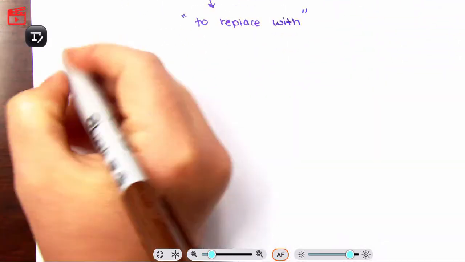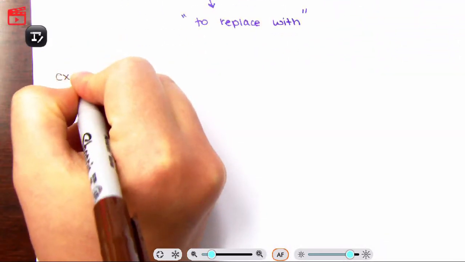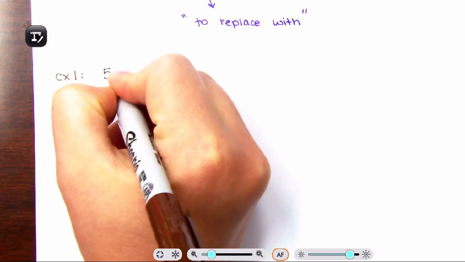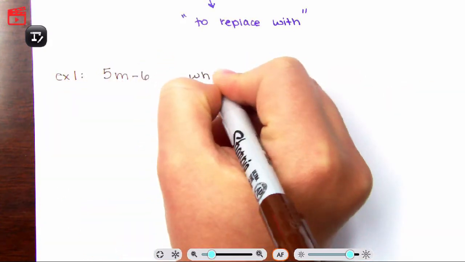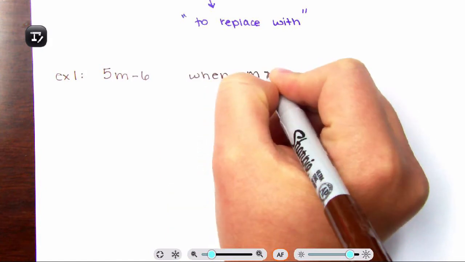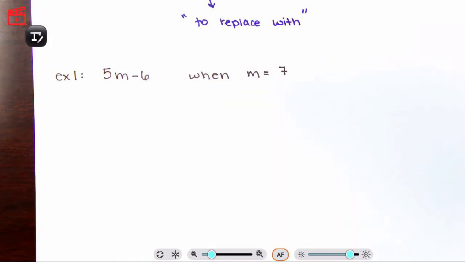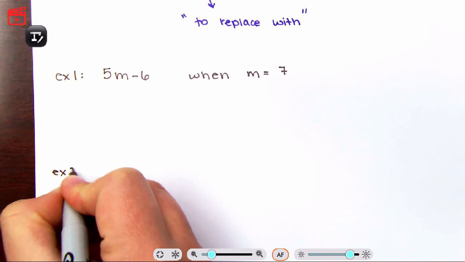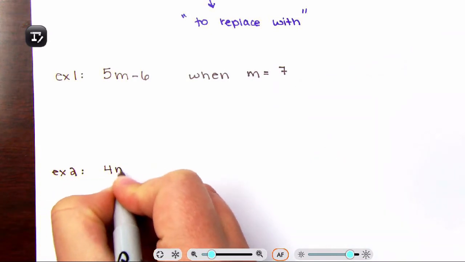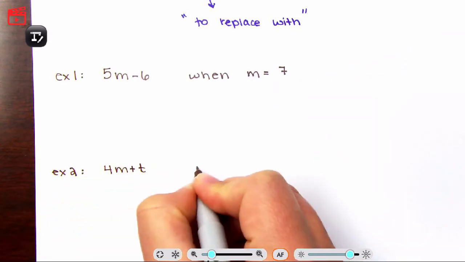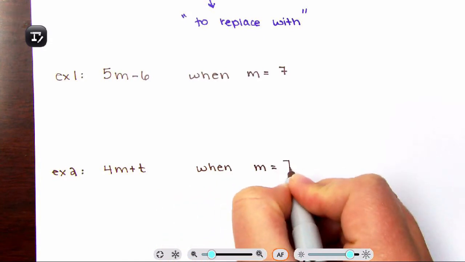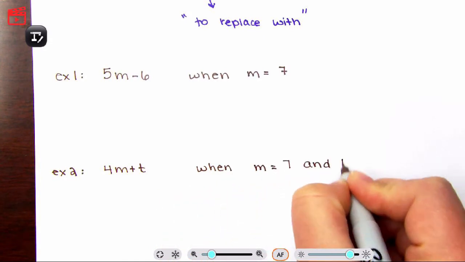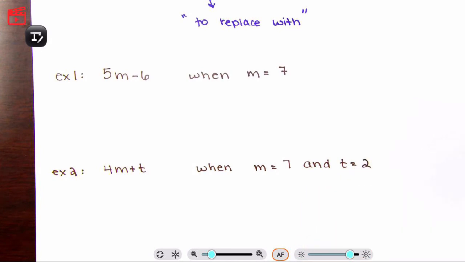Example number 1: 5m minus 6 when m is equal to 7. I'm going to write a few of them down. Example number 2: 4m plus t when m is equal to 7 and t is equal to 2.